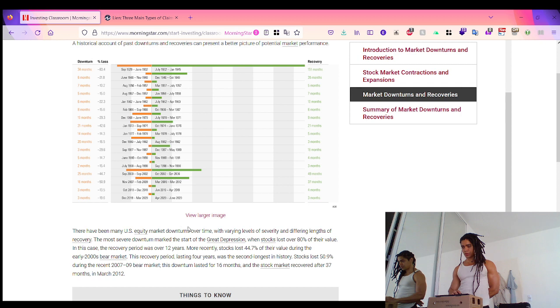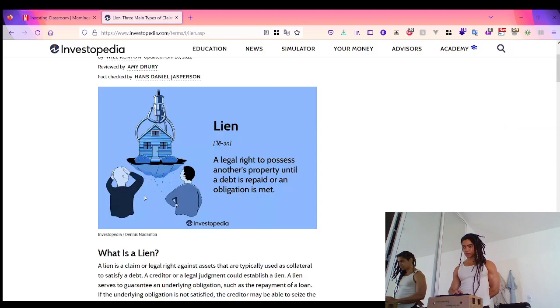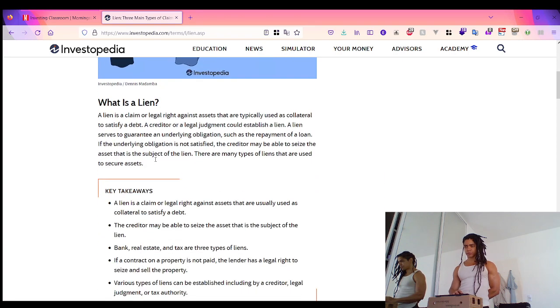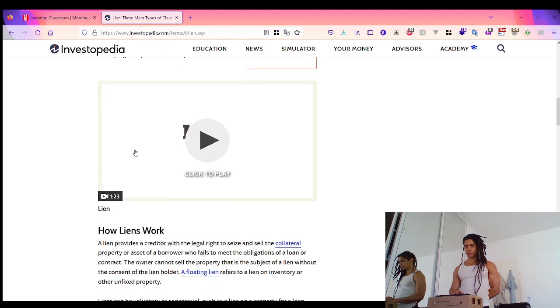So when we go back here and talk about equity, it's the value of a property minus its liens, minus the obligations you need to pay. So what is your obligation? What is the cost of maintenance to have that property?